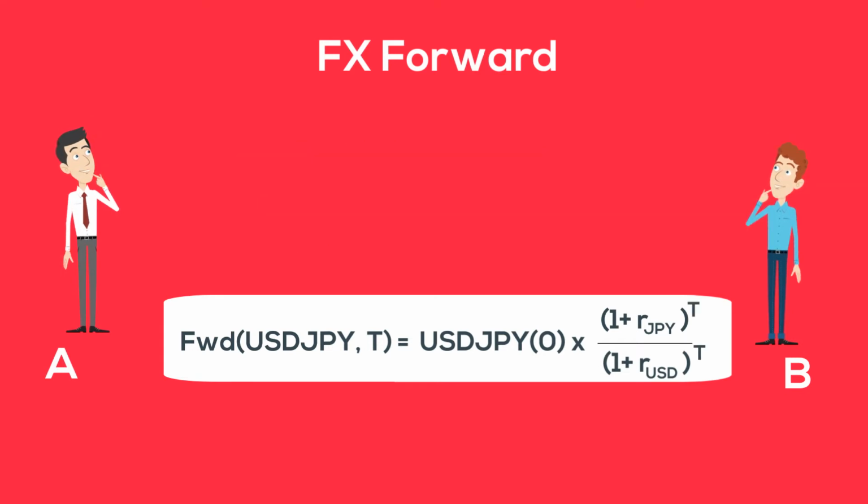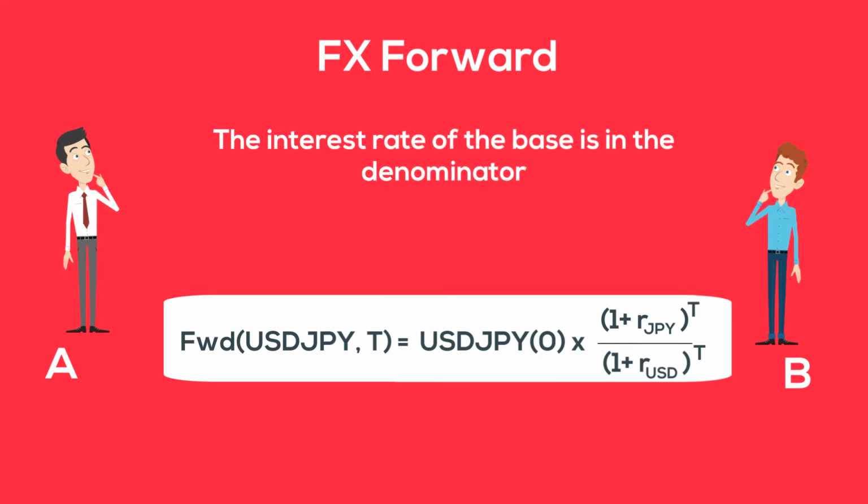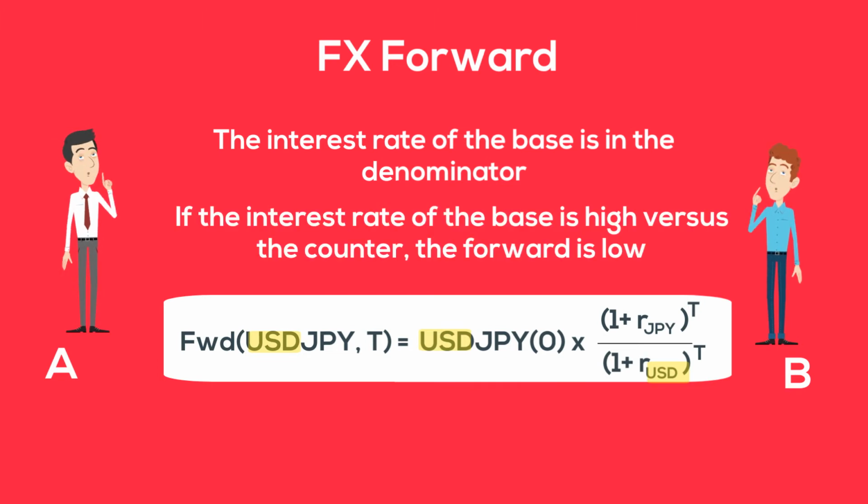An important remark is that in the formula of the forward FX rate, you divide by the interest rate of the base currency. So here, dollar yen, so you divide by interest rate of the dollar. The consequence is that if the interest rate of the base currency is high versus the interest rates of the counter currency, the forward will be low.